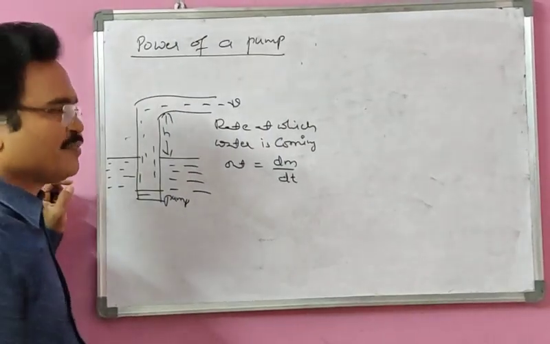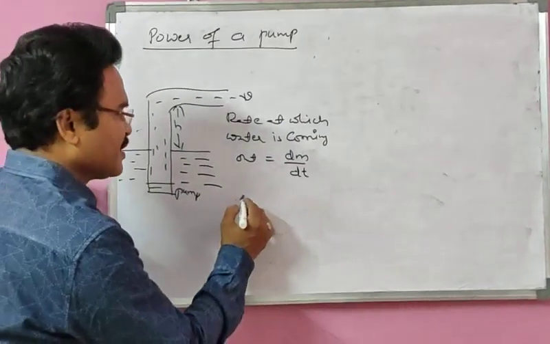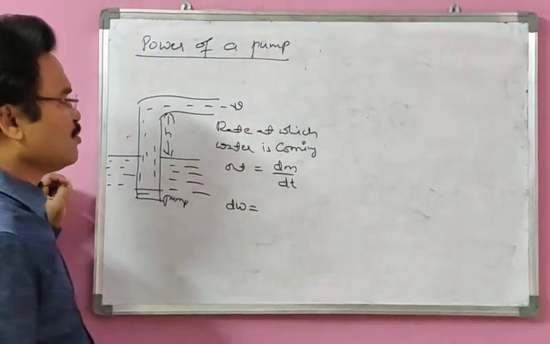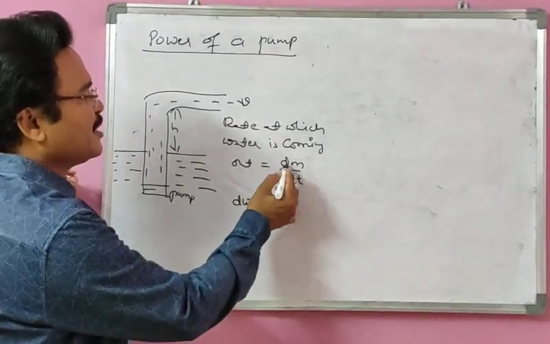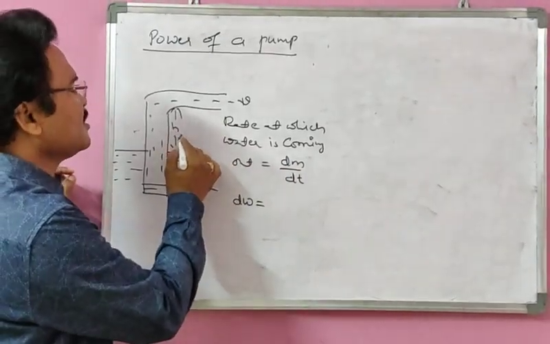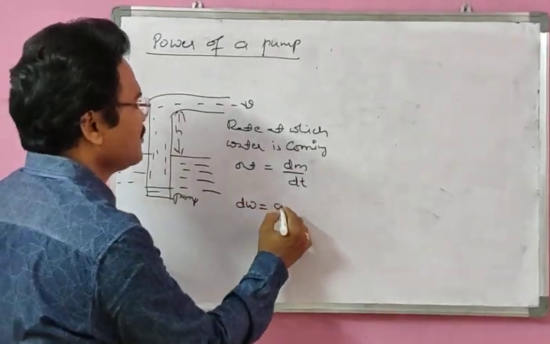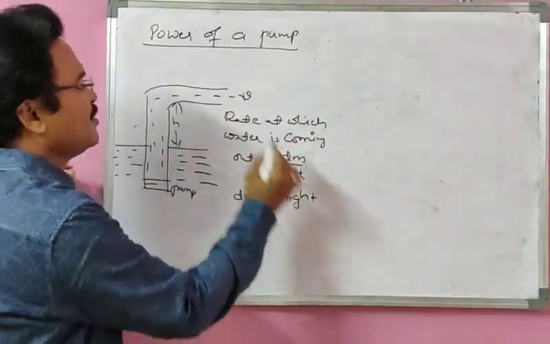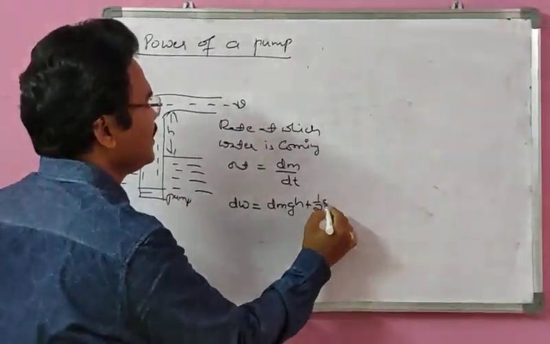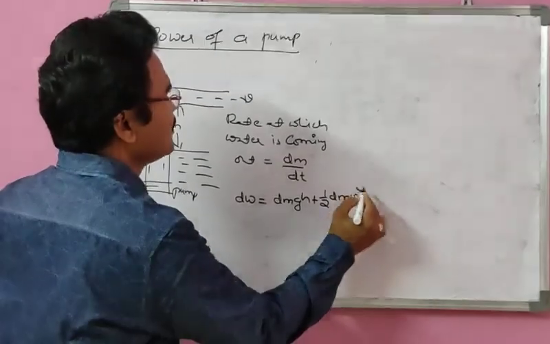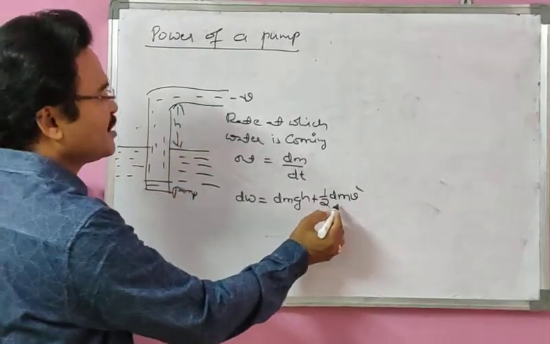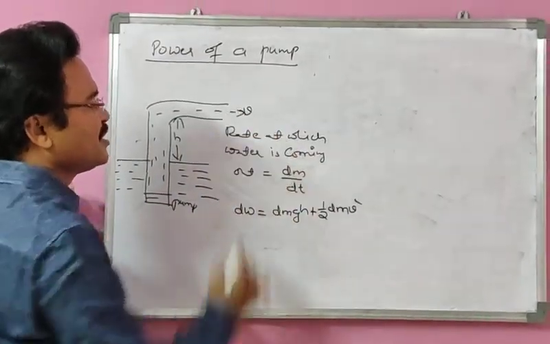To calculate power, first of all we have to calculate the work done. So dW equals, what is the mass that is coming out, dm, and the height h. Potential energy is dmgh, and kinetic energy is half dm v square. This is the work done to lift the water, and this is the work done to eject it with velocity v.